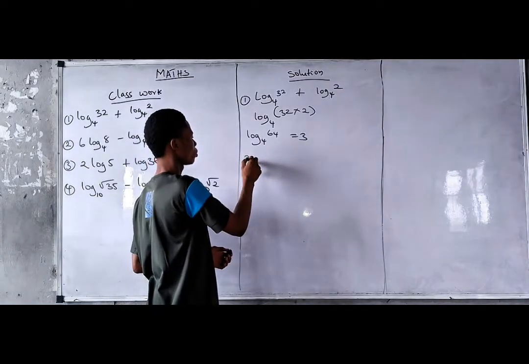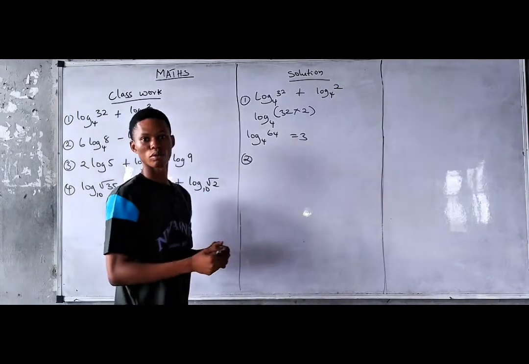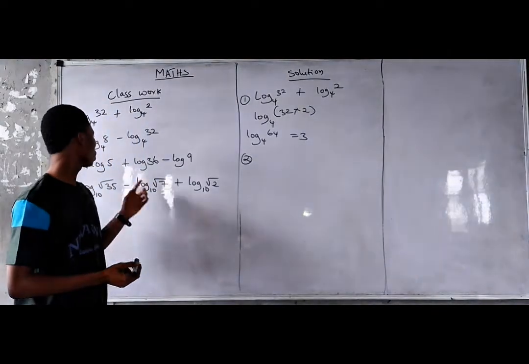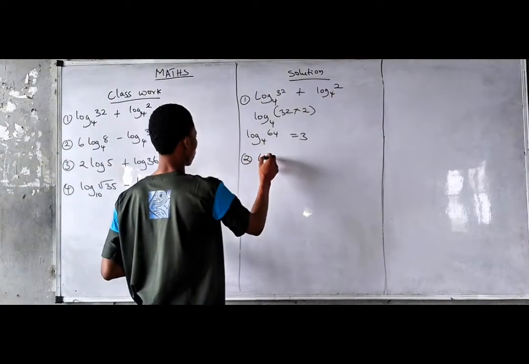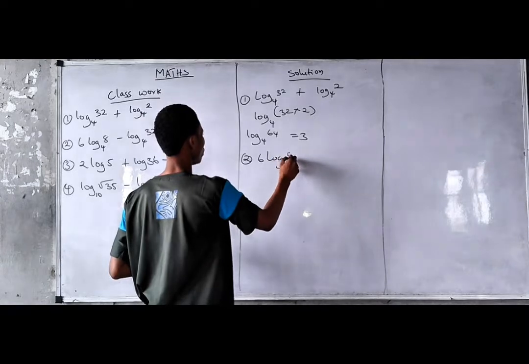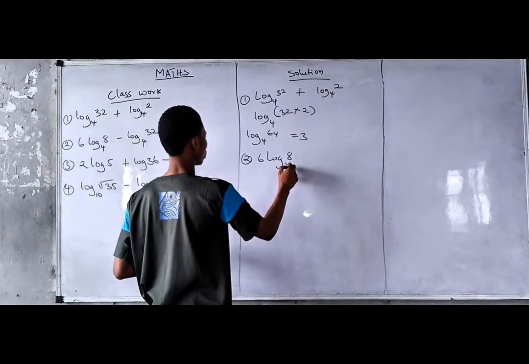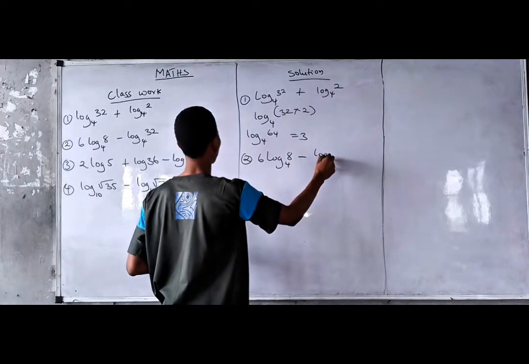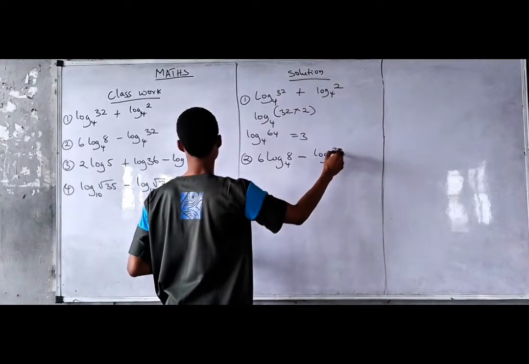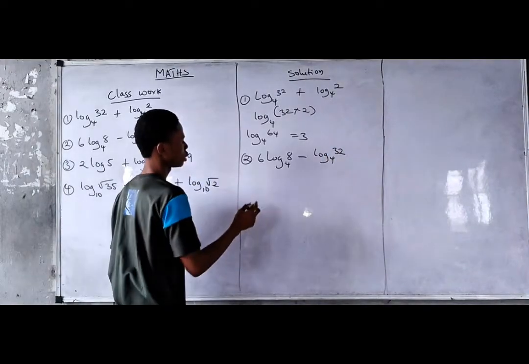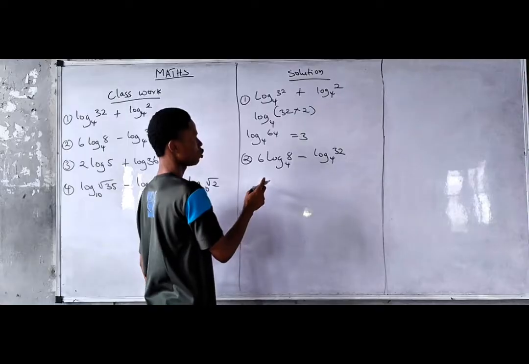Number 2. 6 log 8 in base 4 minus log 32 in base 4, right? In this case, what do we do?